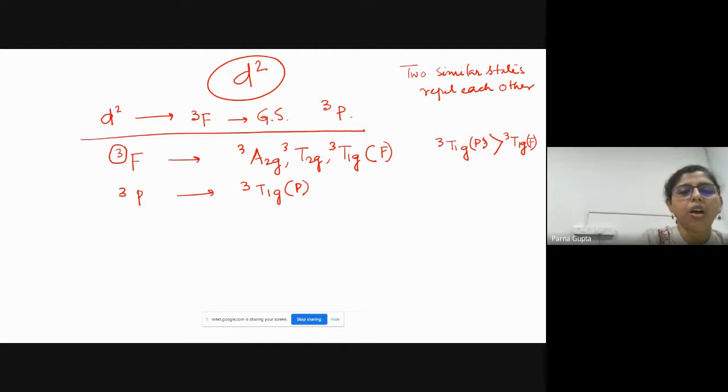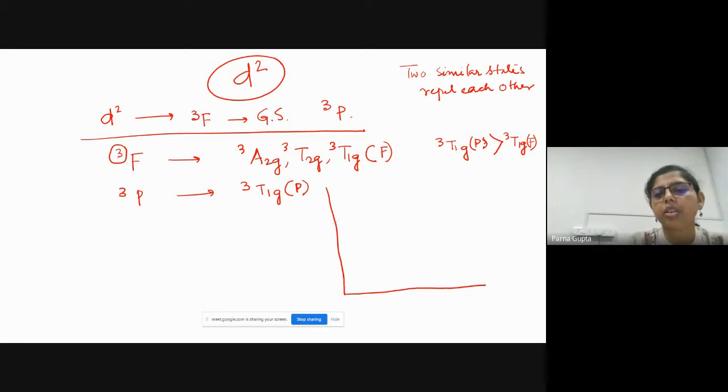If now I give an energy diagram, then what happens? 3P, and if I give 3F, then 3P is T1g(P).